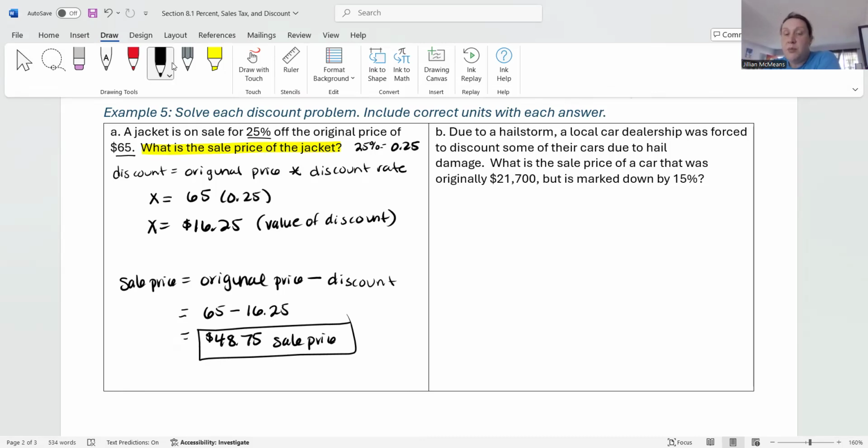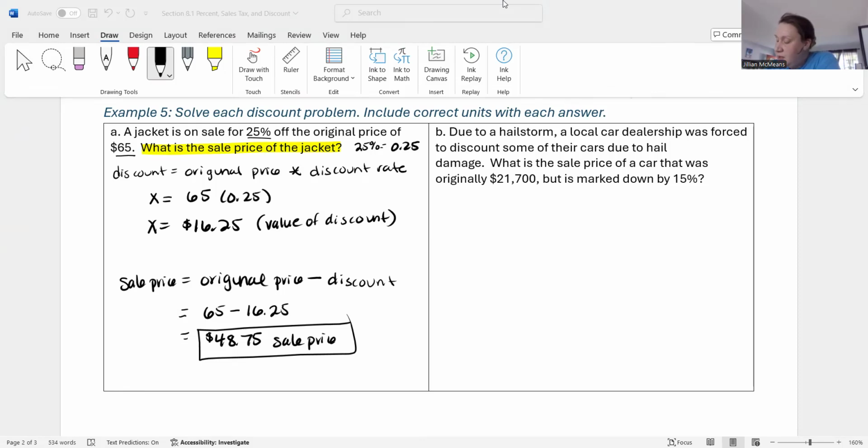Okay, now Part B says, due to a hailstorm, a local dealership, hold on, I gotta move a picture out of my screen. Due to a hailstorm, a local car dealership was forced to discount some of the cars due to hail damage. What is the sale price of a car that was originally $21,700 but is marked down by 15%?